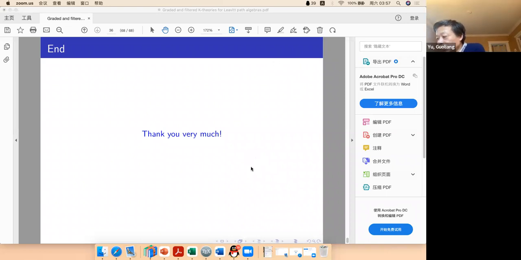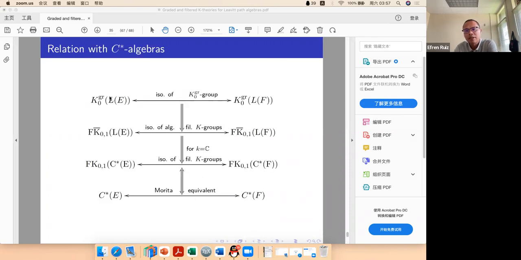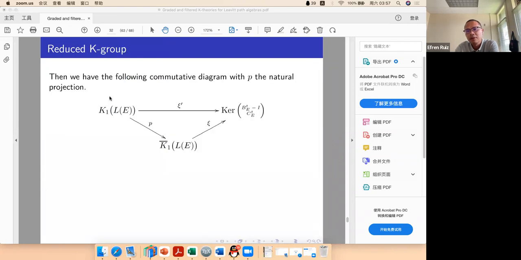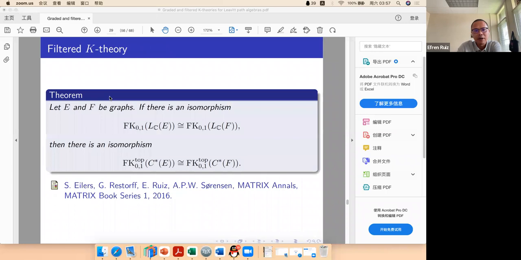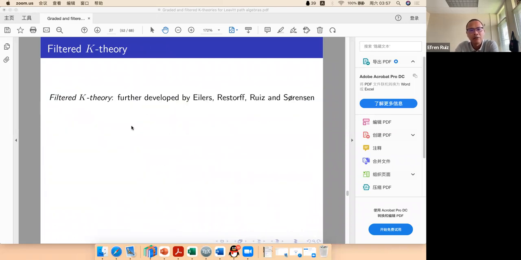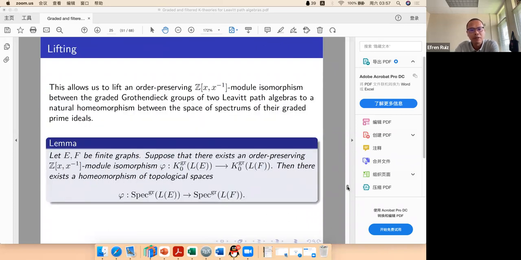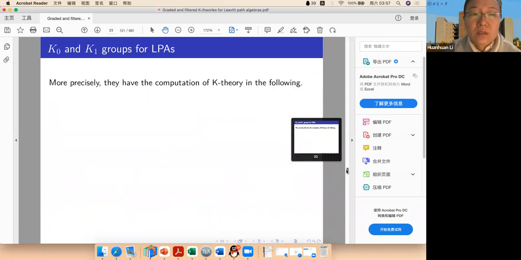Because I think that map comes from the long exact sequence from looking at the Toeplitz algebra to this graph C*-algebra, when you cited the Eilers, Tomforde and Carlsen result?